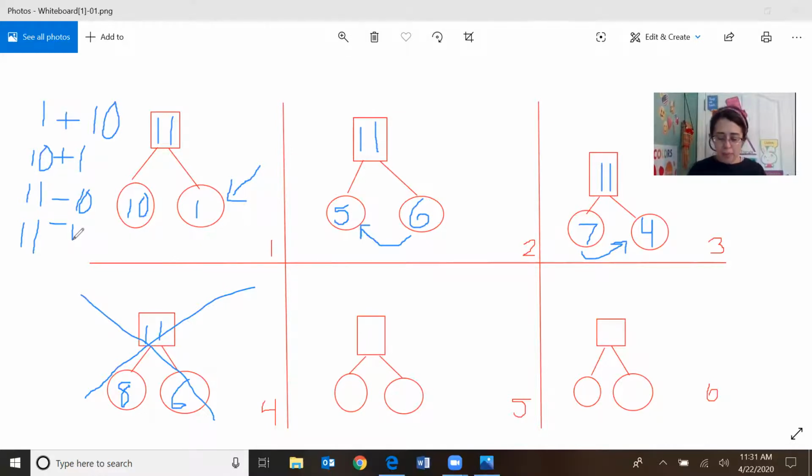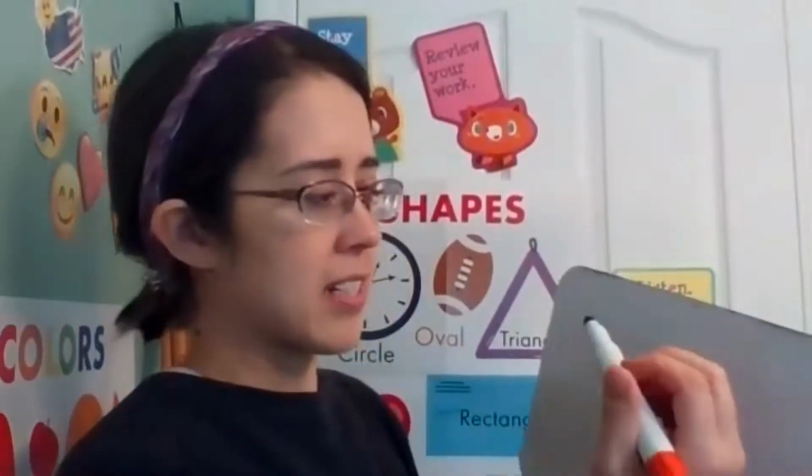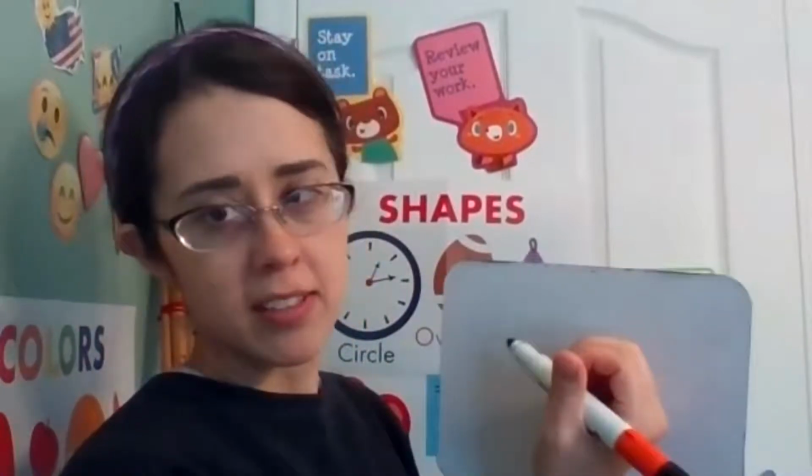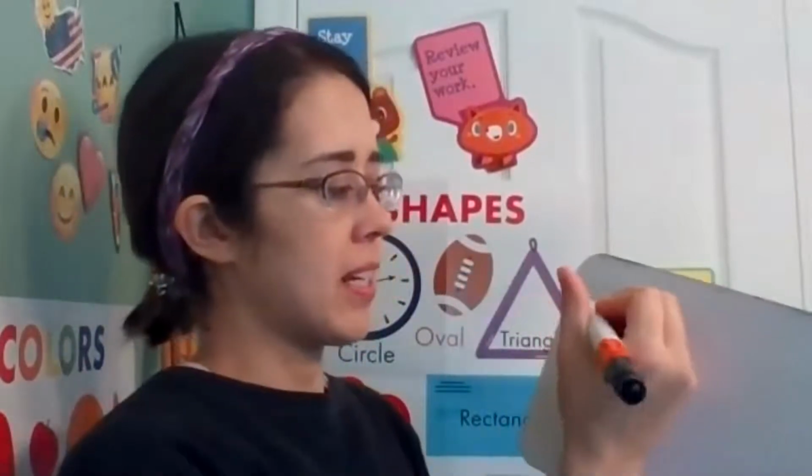Now with number bonds and tape diagrams, which we are learning about today, you'll see some similarities and some differences. They help us to do the same thing though. They help us solve word problems. They help us make sense of numbers, parts, and wholes.